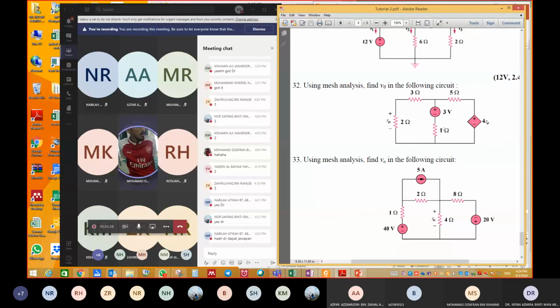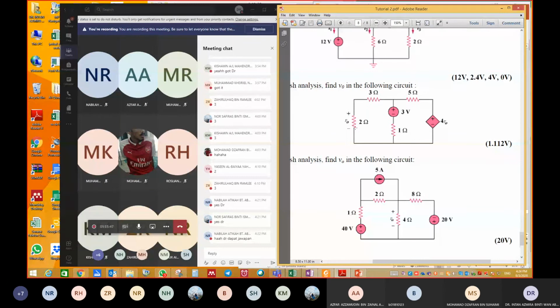After you get V1 here, you may find V naught by using what? Ohm's law? KVL? Voltage divider. Yes.